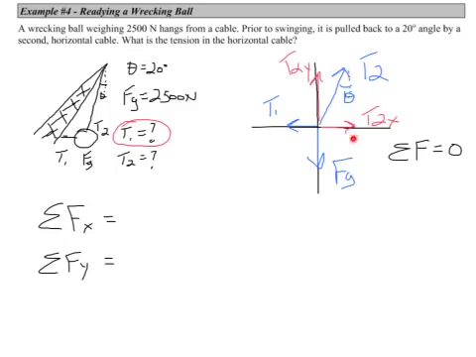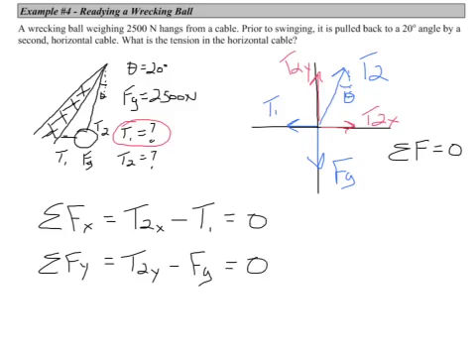T2x points in the positive direction, and T1 points in the negative direction, so T2x minus T1 equals 0. In my y direction, T2y points in the positive direction, and force from gravity points in the negative direction. And both of those are going to equal 0.